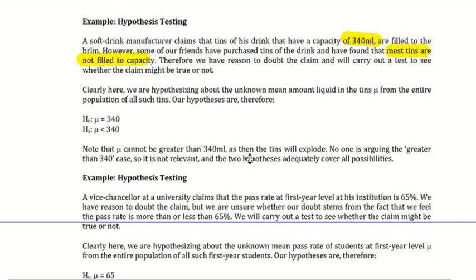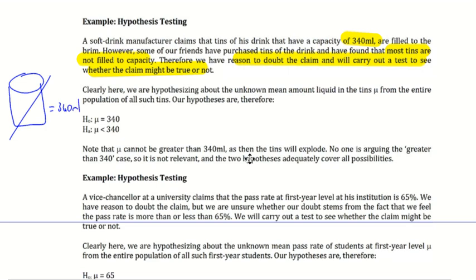Therefore, we've got reason to doubt the claim, and we want to carry out a test to see whether or not the claim is true. So remember, what are we saying? We're saying that these cans of cold drink are not equal to 340 mils, and he says yes, they are.